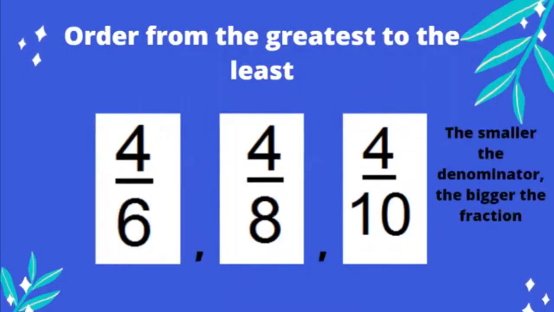Here it is. By focusing on the denominators, let's compare them and put them in order. Even though 6 is smaller than 8 and 10, 4 over 6 is bigger than 4 over 8 and 4 over 10. So in order, we will write it as 4 over 6, 4 over 8, and 4 over 10.